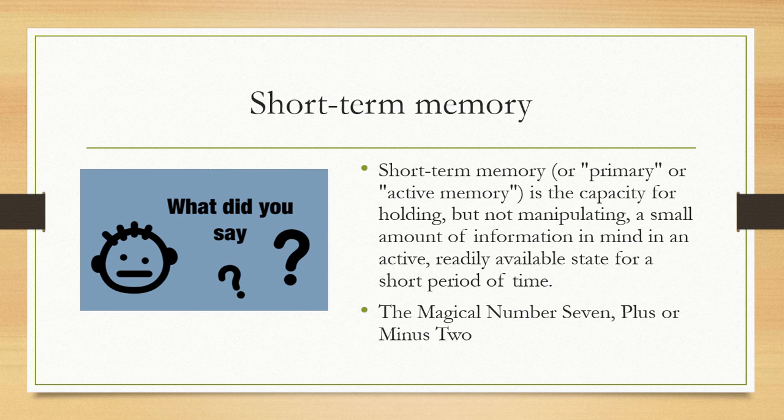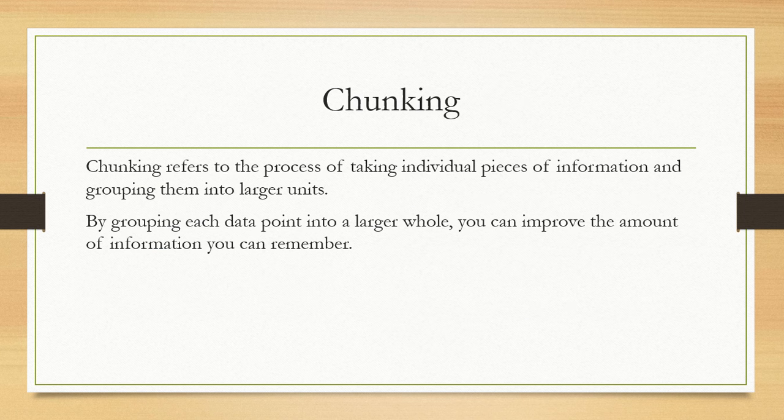The first one is chunking. Chunking refers to the process of taking individual pieces of information and grouping them into larger units. In this way, we can remember things by turning small pieces of language into a more meaningful whole.